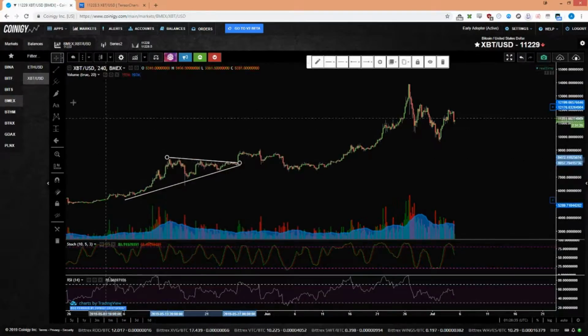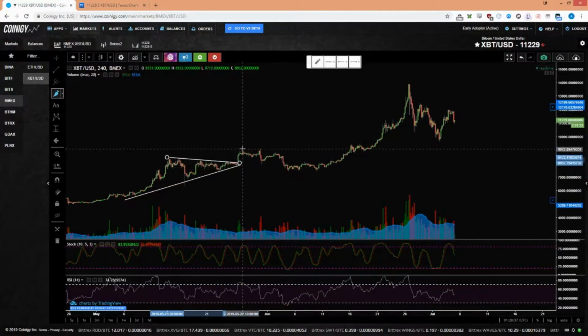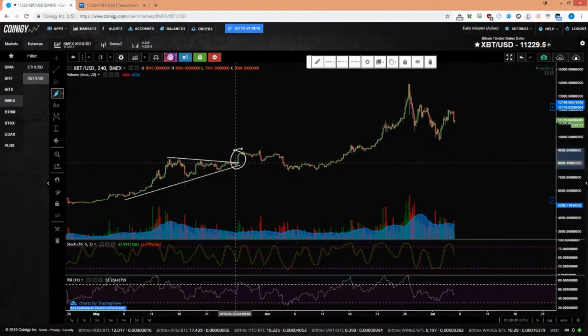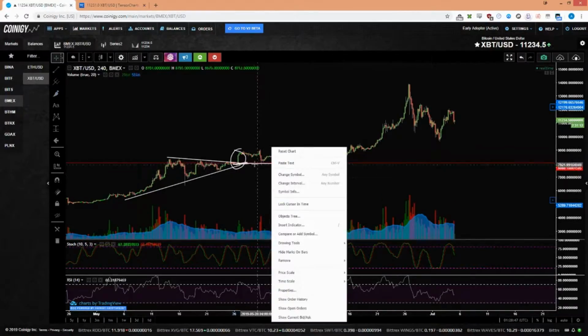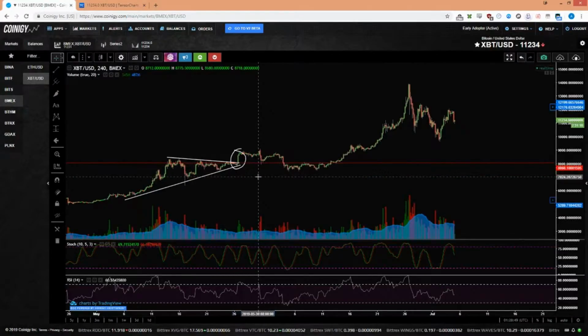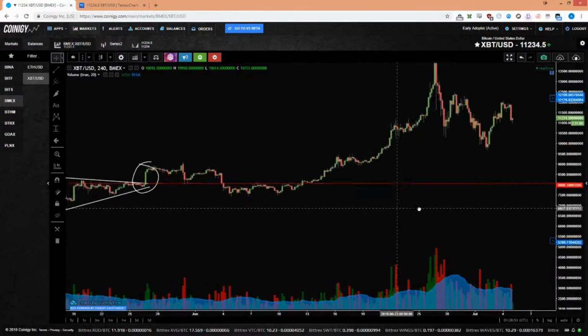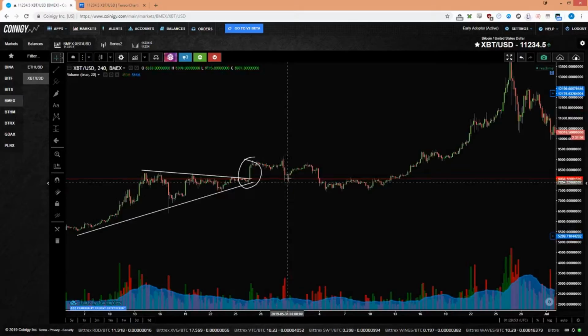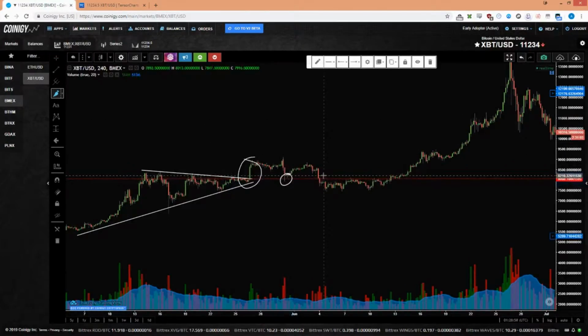and then you get a breakout, and so like right here, this is going to be a support level in the future. And then if you break it, it becomes a resistance level.